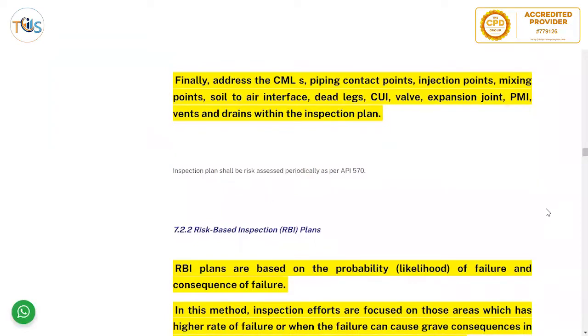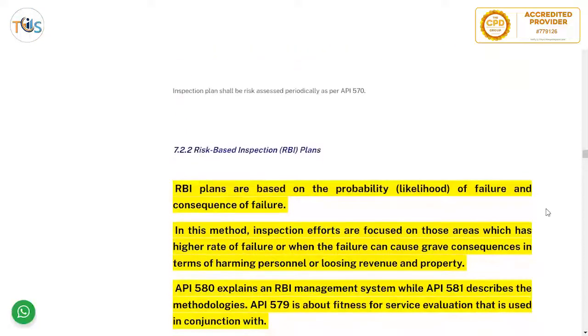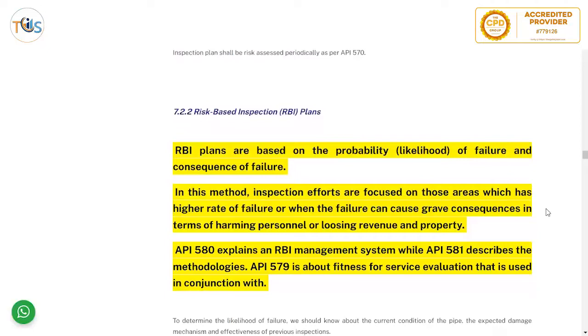Wall thinning to find the corrosion rate and the remaining thickness and the next inspection interval, and the vulnerable points such as piping contact points, injection points, mixing points, soil to air interface, dead legs, corrosion under insulation. They are important, vulnerable points that you need to inspect, and you need to address them in the inspection plan. Shall be risk assessed periodically as per API 570.